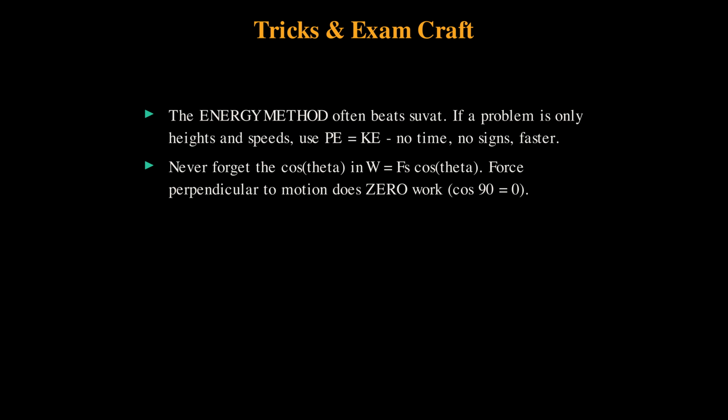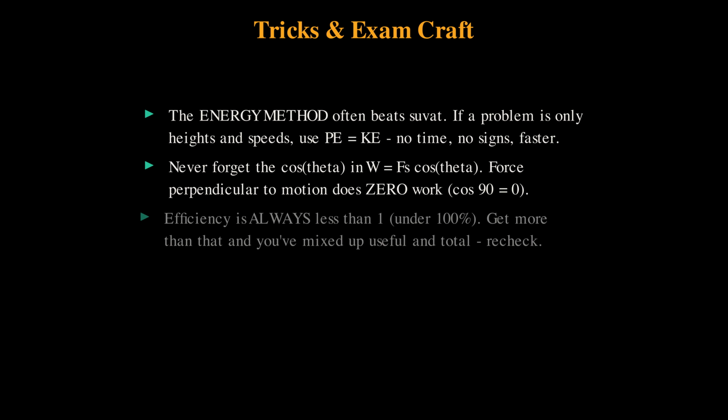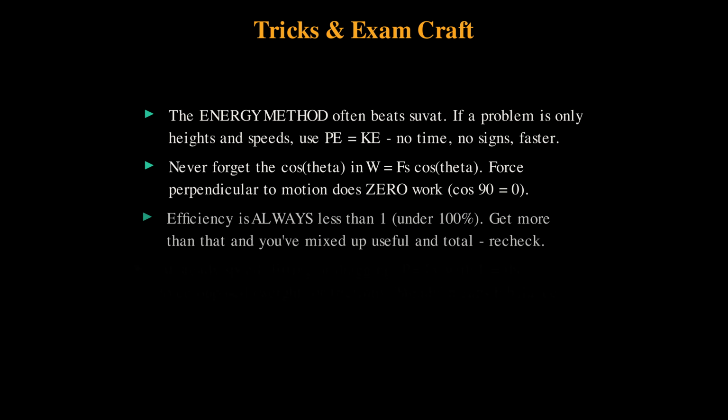2. Never drop the cosine theta in the work formula. And remember, a force at right angles to the motion does no work at all. 3. Efficiency is always less than 1, less than 100%. If you ever calculate more, you flipped useful and total, so recheck. 4.